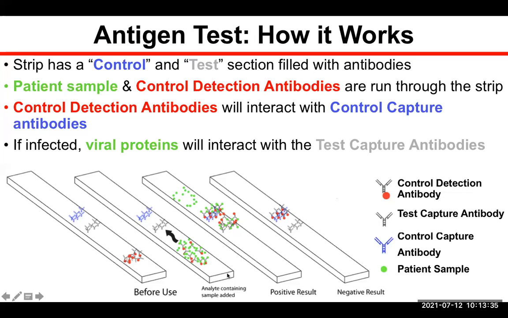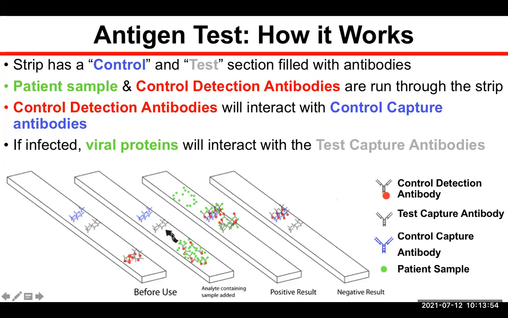And so when you run the patient sample on the strip, it's going to end up going in this direction. You have the patient sample in green and the control detection antibodies, to register that the strip actually worked correctly, in red.